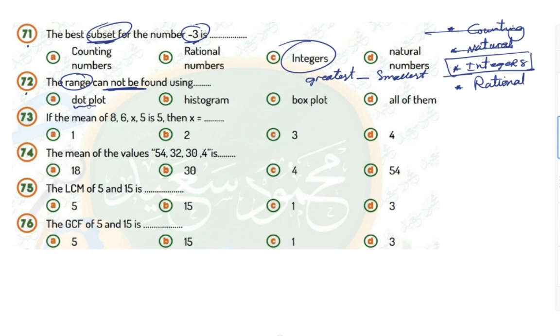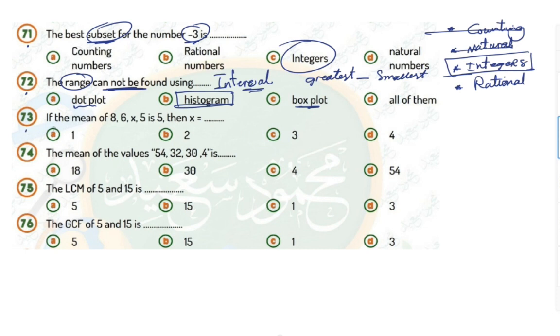Of course, with a dot plot I can find the range. Box plot, I can find the range, but histogram, no. Why? Because histogram uses intervals. So because histogram uses intervals, I cannot find the range from a histogram.